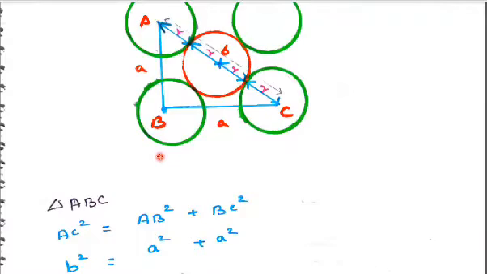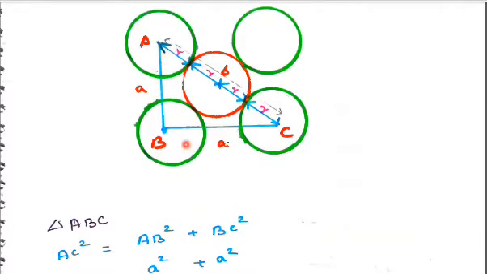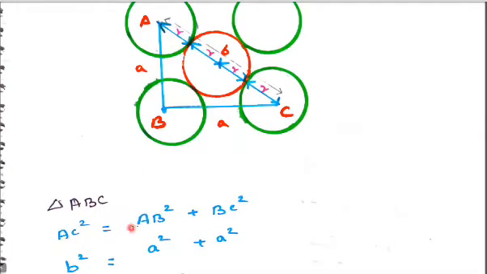So in the triangle we take ABC, a right-angled triangle. AC square equal to AB square plus BC square. AC square equal to B square, and AB square equal to A square plus A square.